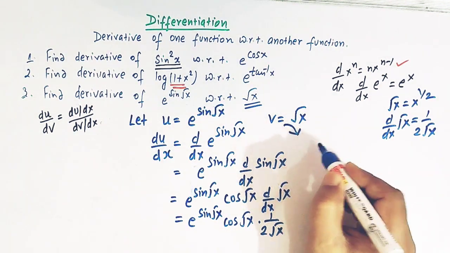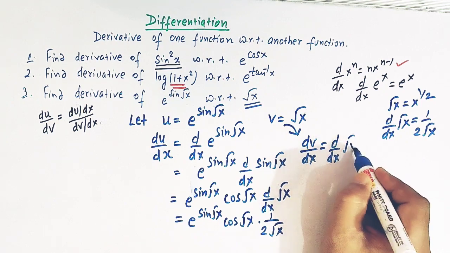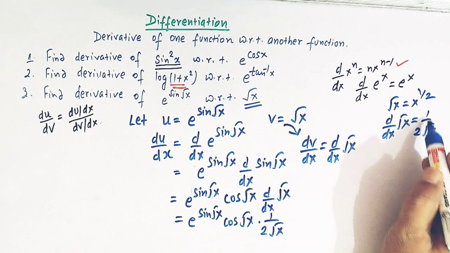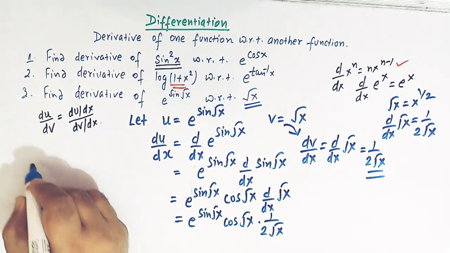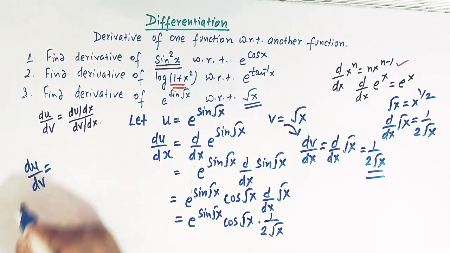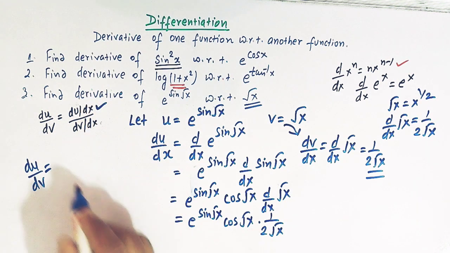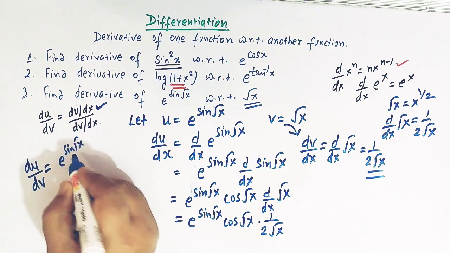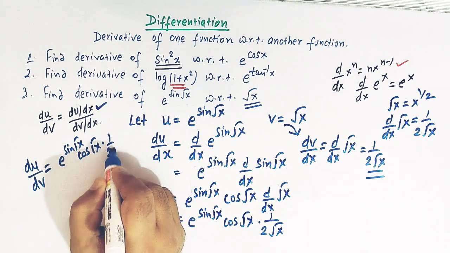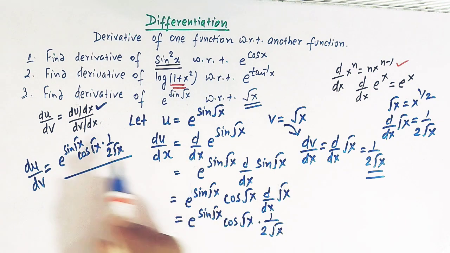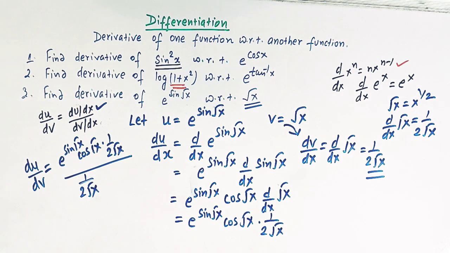Now let us find dv over dx. dv over dx is d by dx of √x, and the direct result for √x is 1 over 2√x. Now we have to find du over dv. du over dx is e^(sin √x) cos √x times 1 over 2√x, divided by dv over dx, which is 1 over 2√x.